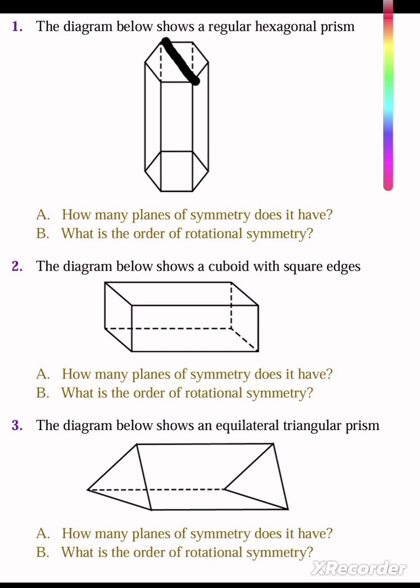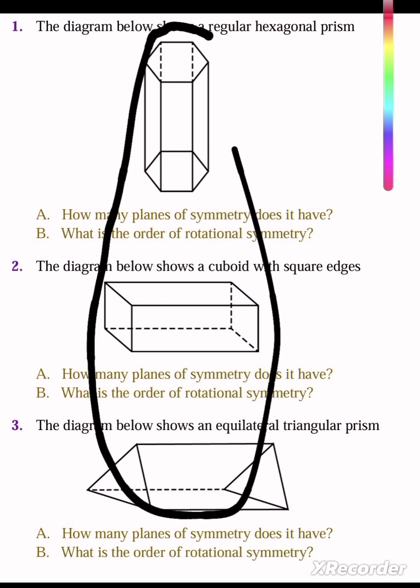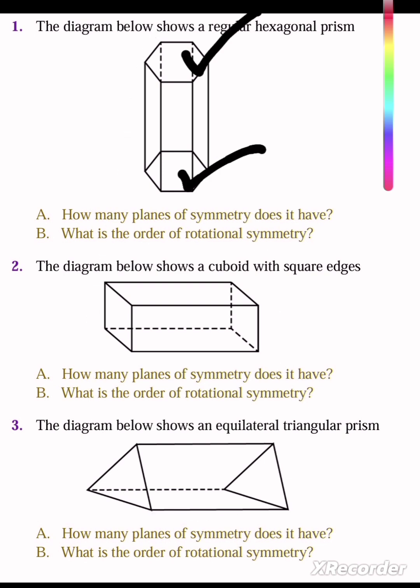You can cut this like 1, like this 2, like this 3, here 4, there 5, here 6. But you can also cut it here like this, even behind there. When you cut, the upper part and the bottom part are going to be the same. So the easiest way is to count the number of corners, then add 1 if a shape has equal opposite faces connected by rectangles. So this has 7 planes of symmetry.